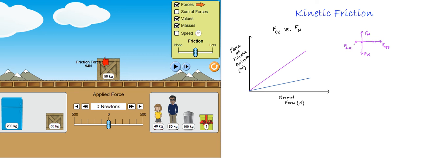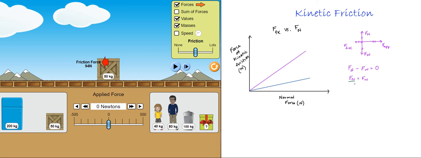So this is much greater than this, but these two are even. So if I write out my net force statement here for the vertical dimension, I have that the normal force minus the force weight is equal to 0. This means that the normal force is the same thing as the force weight. But just remember, we're always finding the relationship truly between the normal force and the frictional force.